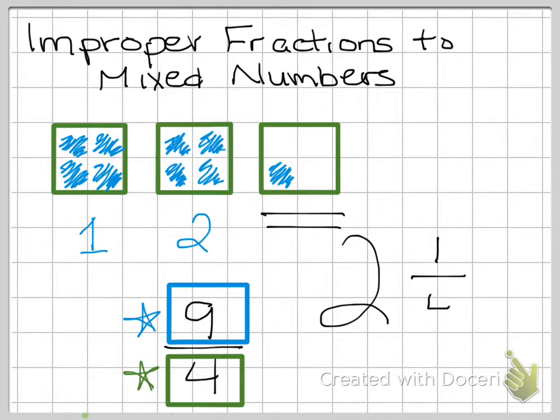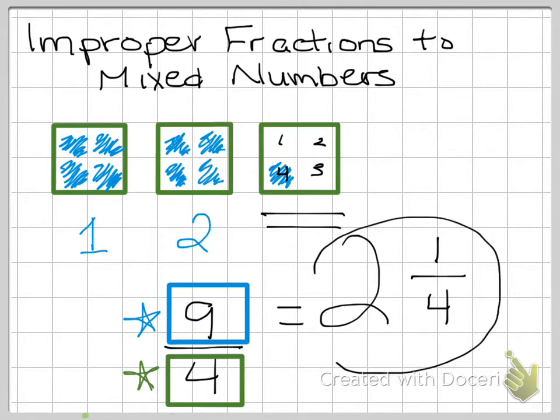And I have 4 in my denominator because I can count 1, 2, 3, 4 total boxes. So this lets me know that the fraction 9/4 is equal to 2 1/4. So this is how we turn improper fractions into mixed numbers.